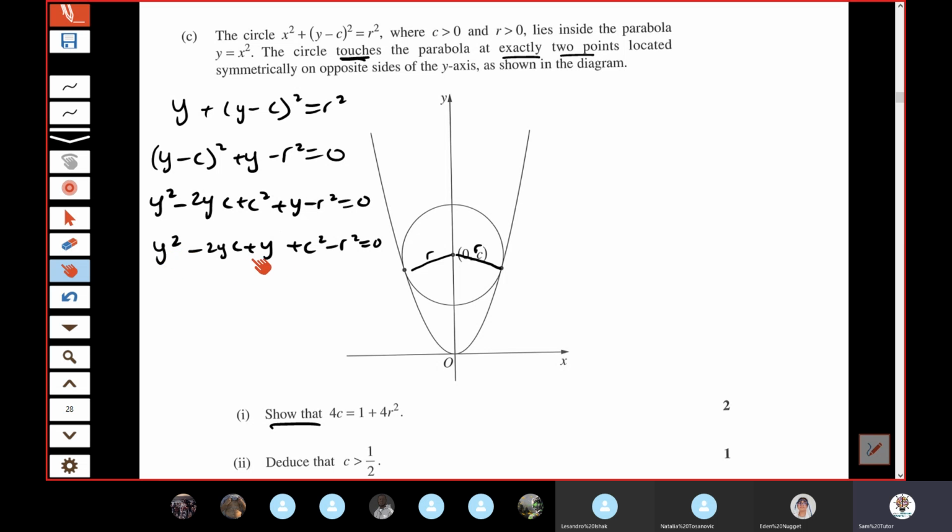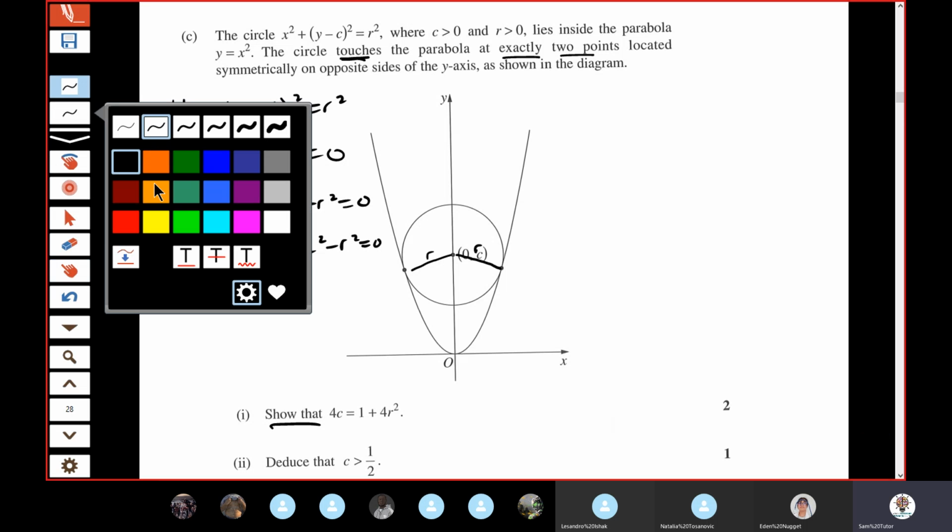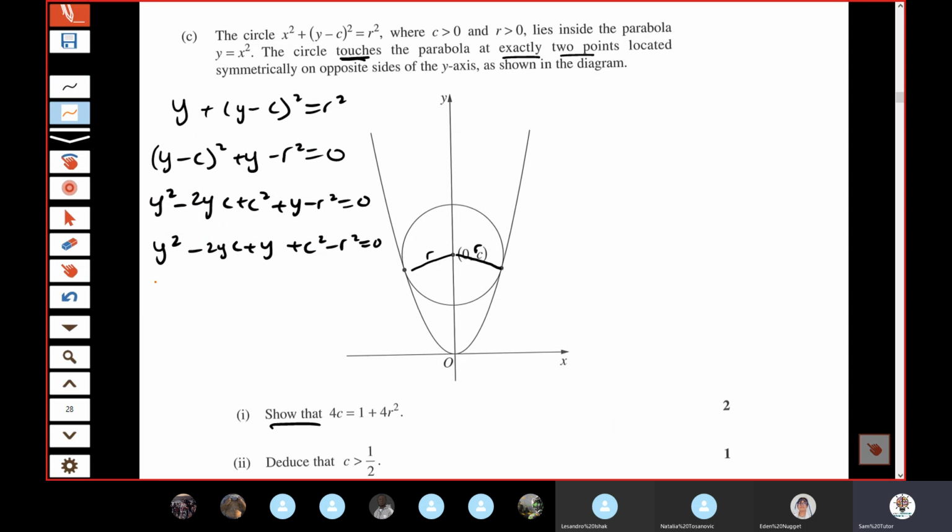That's y squared. There's your y's and there's your constants. So let me rewrite it the way you guys are probably used to it. So y squared plus, factorize your y out, you're left with negative 2c plus 1, plus your constant, c squared minus r squared equals 0.